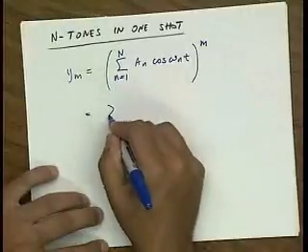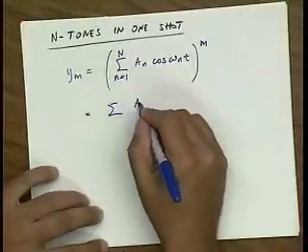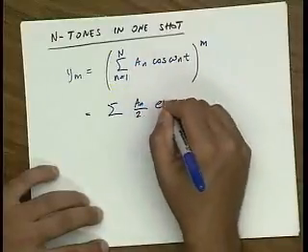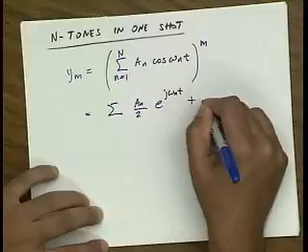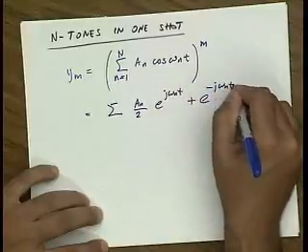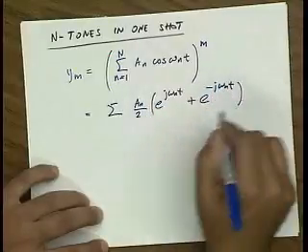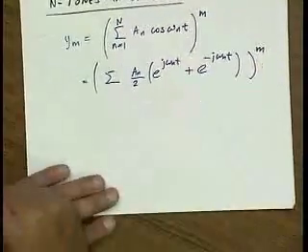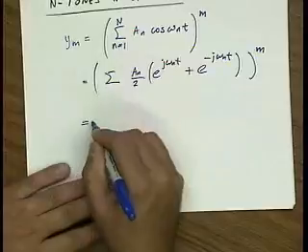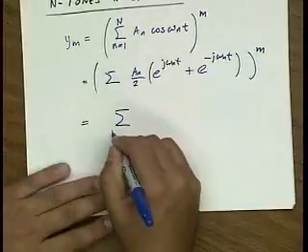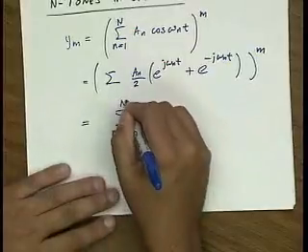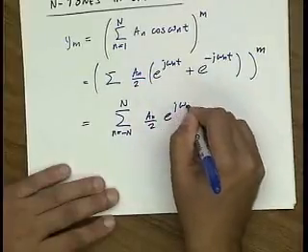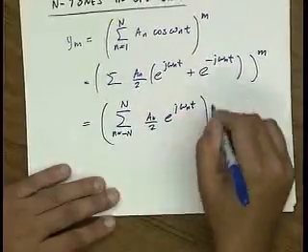And the way to do this is to actually write cosine in terms of a complex exponential. What we're going to do is simplify this to one sum from minus N to plus N, a_n over 2, e^(j omega_n t), to the mth power.